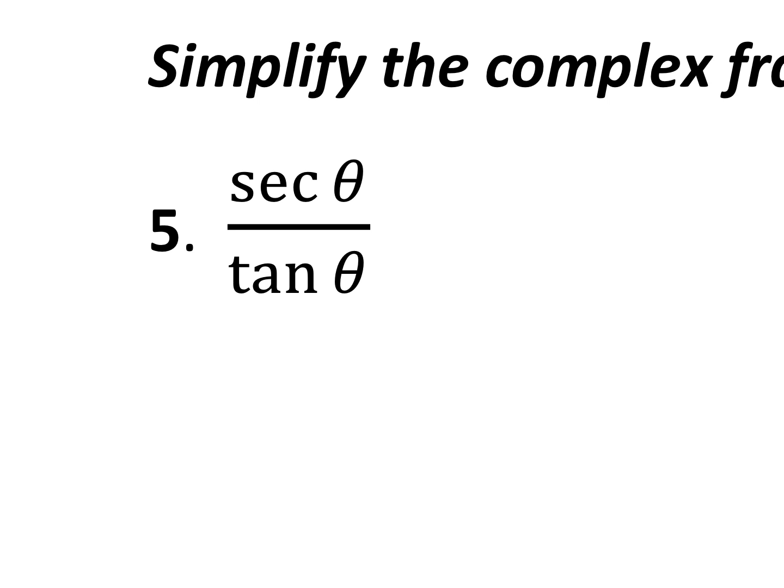What should I do first for number 5? Change secant to 1 over cosine. What about tangent? I can make that sine over cosine. What happens when I have a fraction and a fraction? Keep, change, flip. So keep the top, change to multiplication, and flip the bottom. So I'd make it cosine over sine.